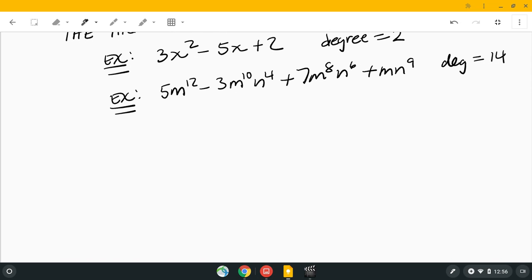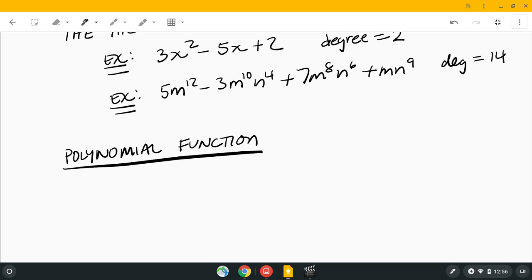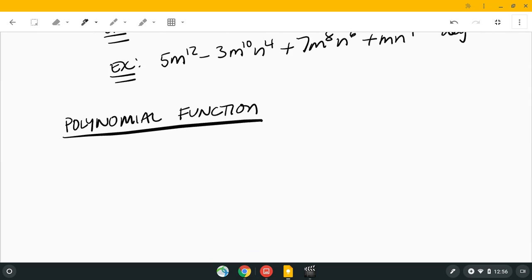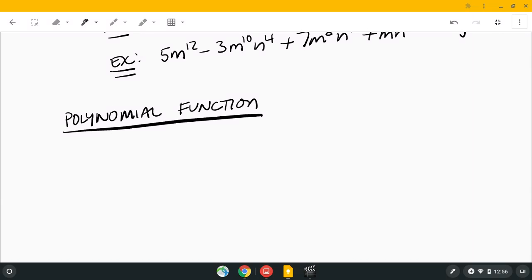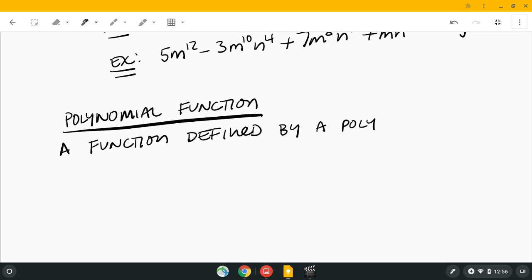All right, polynomial function. Okay, so this is just a function defined by a polynomial in one variable.